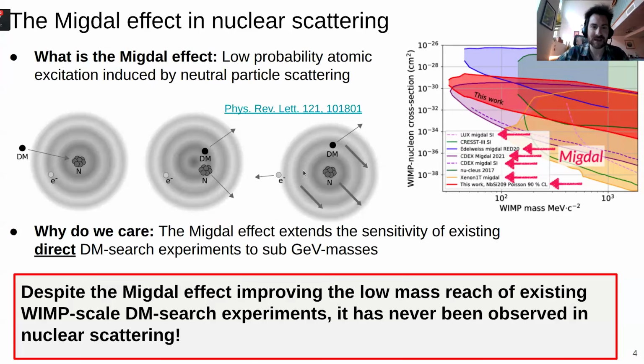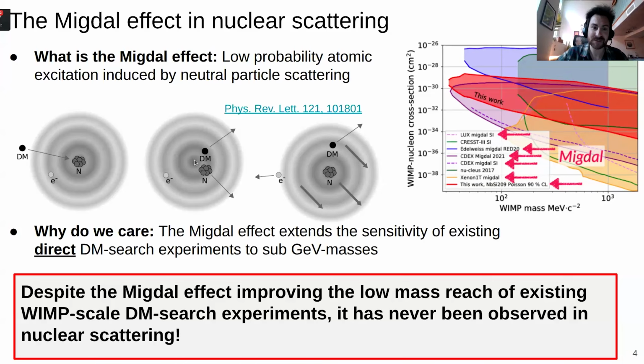Let's look at this figure in the middle right here. The idea is you have a neutral particle. It could be a theoretical dark matter particle, a neutron, or a neutrino. When it scatters off of an atomic nucleus, that nucleus recoils. When you think of the entire atomic system, you can think of the recoiling nucleus as a sudden perturbation, and so your electron cloud lags a bit behind.